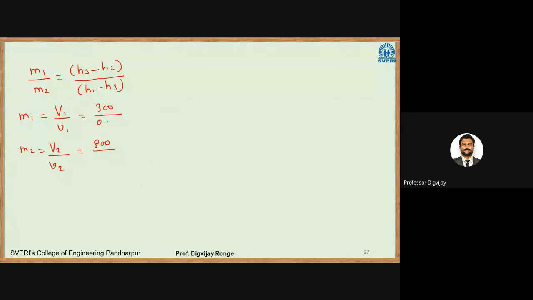Okay, so this is 0.877 and this is 0.84. So find out these values, mass flow rates. So calculate the mass flow rates and tell me the value.